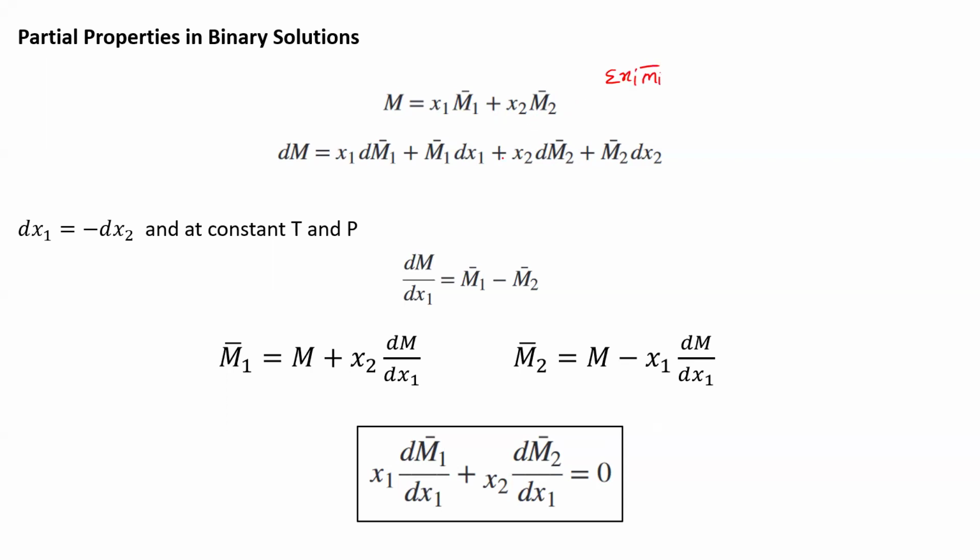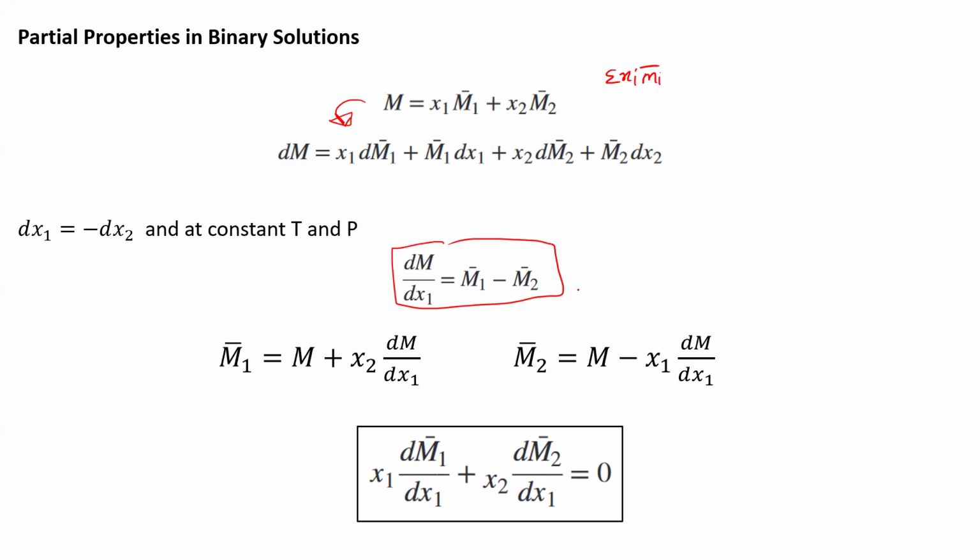So from that we have this, and also if we differentiate this, we get this thing, and we already know dn1 is equal to minus dn2, so that's why, on derivation and substituting this inside this and later into this equation, we get dM/dx1 is equal to M1 bar minus M2 bar.